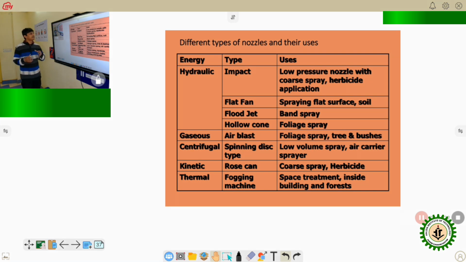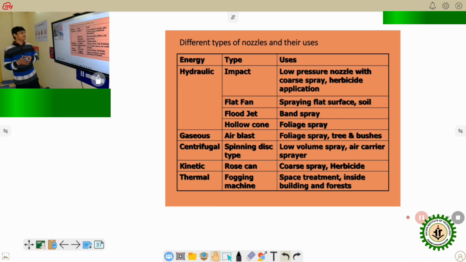There are different types of nozzles and their uses. One is hydraulic nozzles. Within hydraulic energy, we are using different types of nozzles: impact type, flat fan type, and flat jet type.